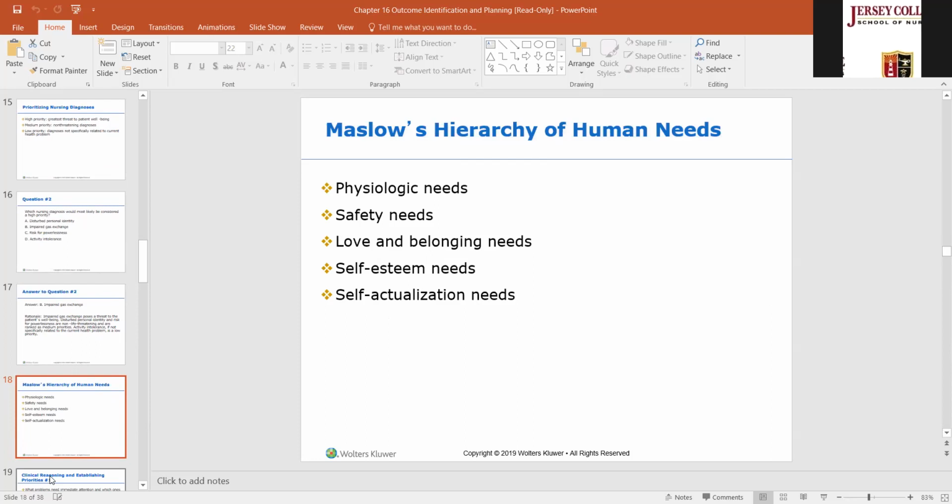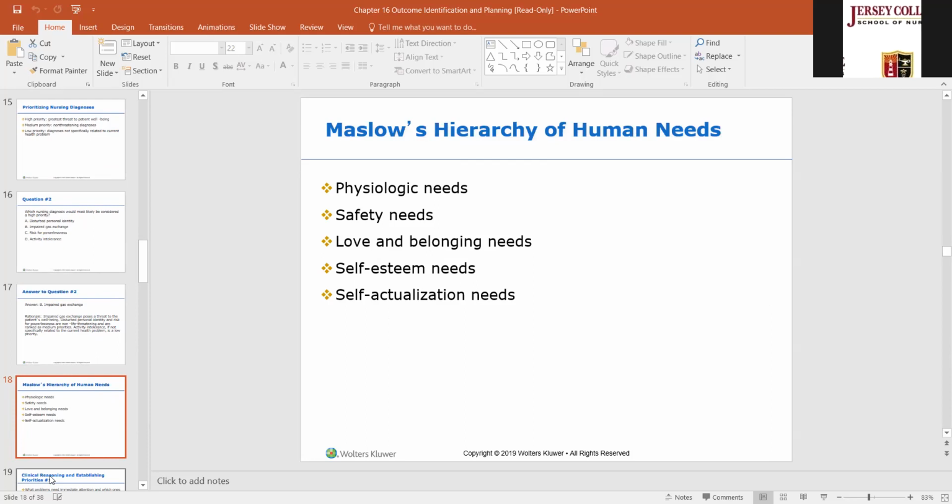So for Maslow, we're looking at the chain. 1 is physiological needs, 2 is safety, 3 is love and belonging, 4 is self-esteem, 5 is self-actualization. Self-actualization is the mode you're in right now. You're trying to achieve a higher level of education, a higher level of self-respect, a higher level of who I am.